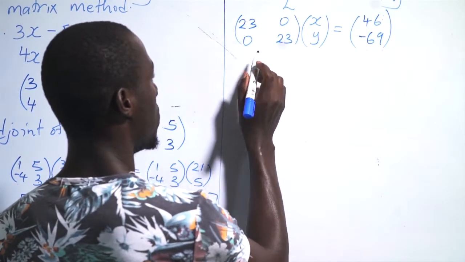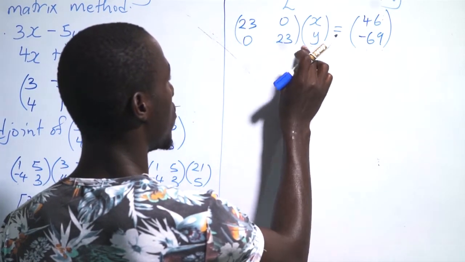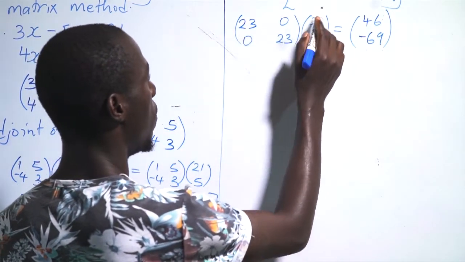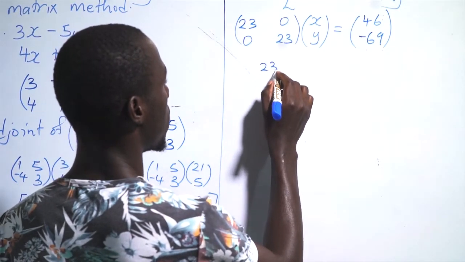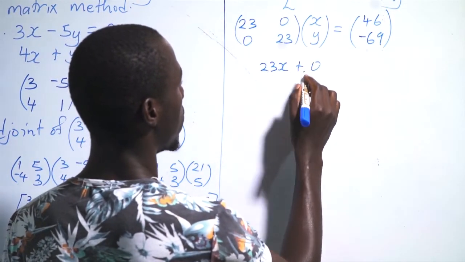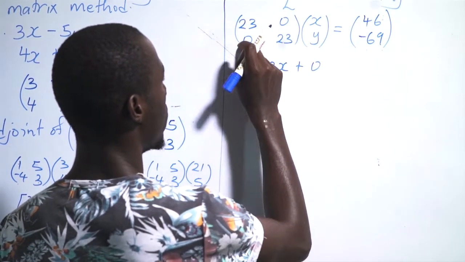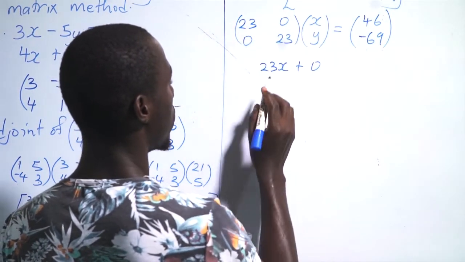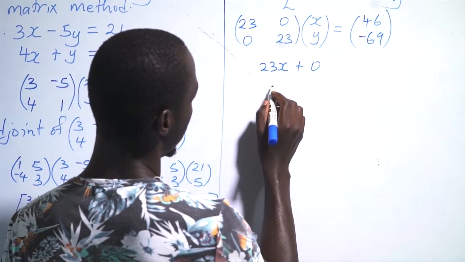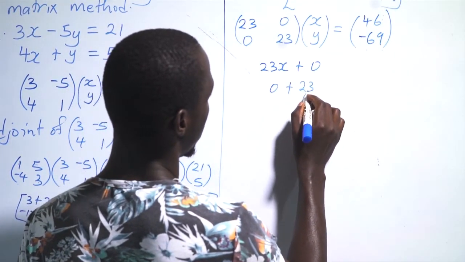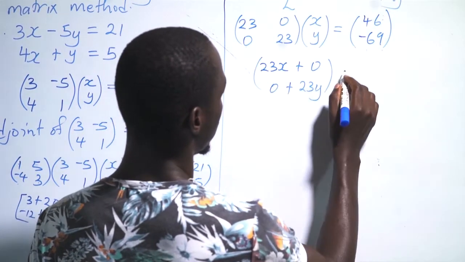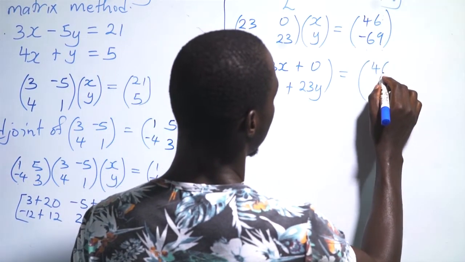Then I again multiply these two matrices, row by column. So that is 23x plus 0, y times 0 is a 0, then x times a 0 is a 0, then plus 23y is equivalent to the matrices that side.